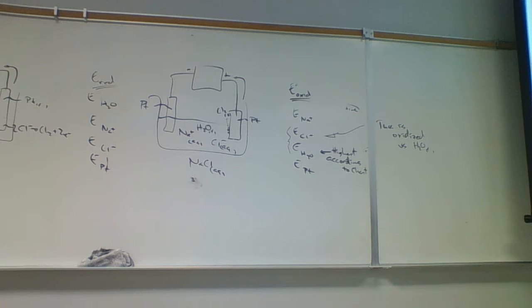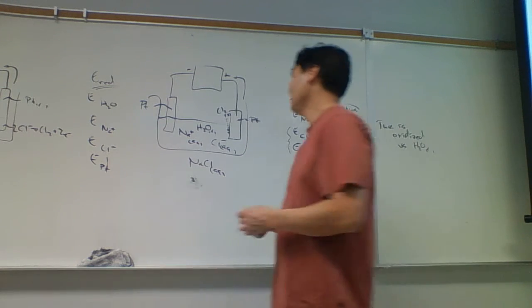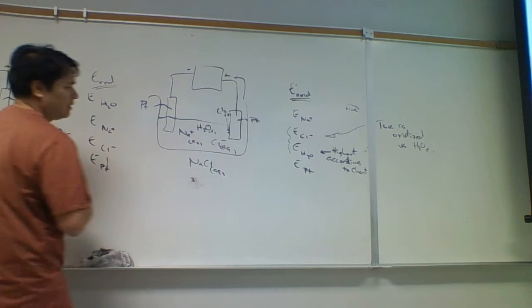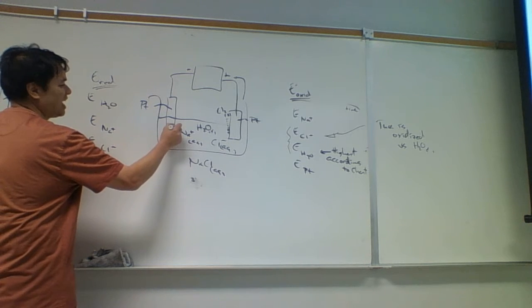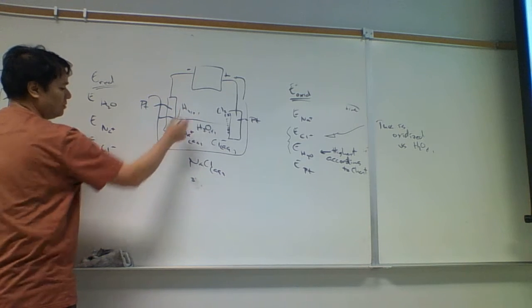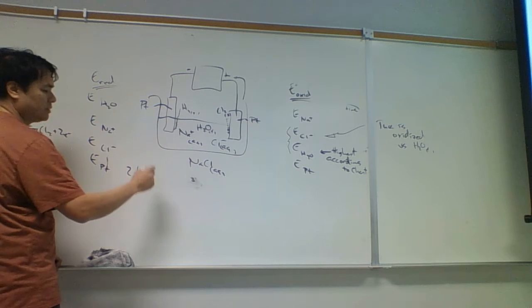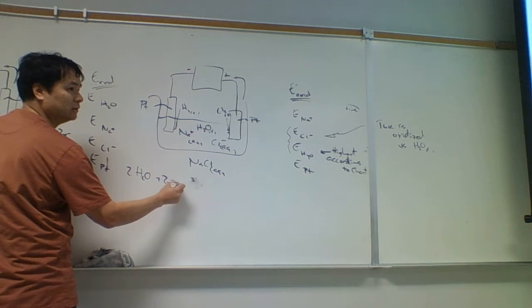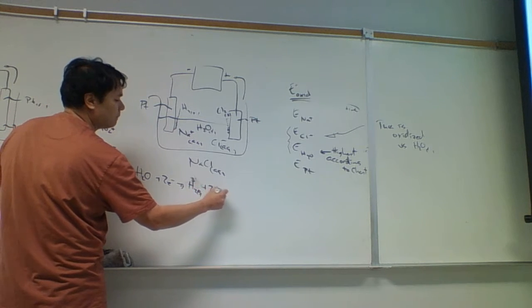So what has a higher reduction potential, water or sodium ions? Water. And so here, there's no tricky stuff. Water is going to be it. And so at this electrode, hydrogen gas is being produced, through the reduction of water. So we have two H2O plus 2 electrons yields H2 gas plus 2 hydroxides.